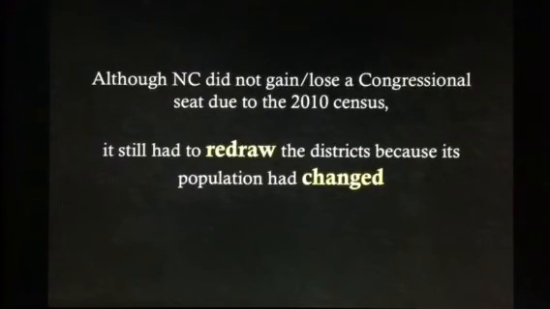Although North Carolina did not gain or lose a congressional seat due to the 2010 census, we still have 13 congressional districts, 13 House members. We did have to redraw the districts because the population had changed.